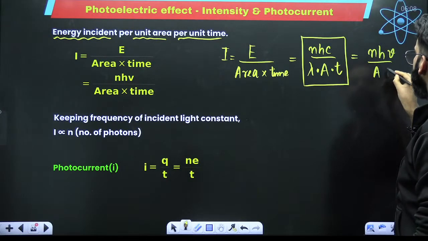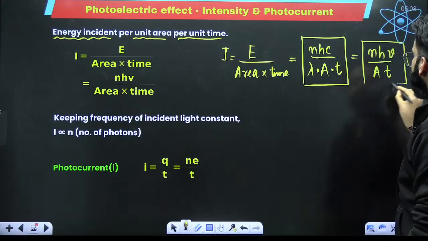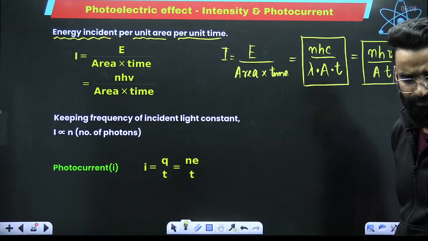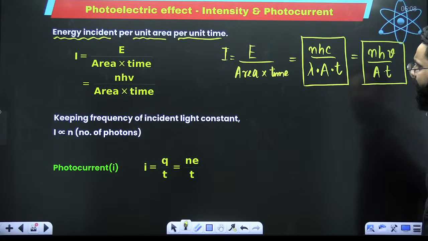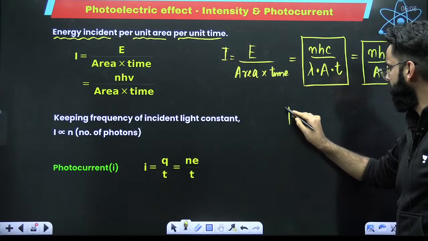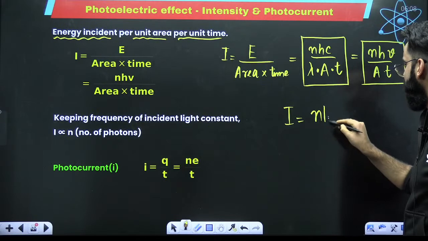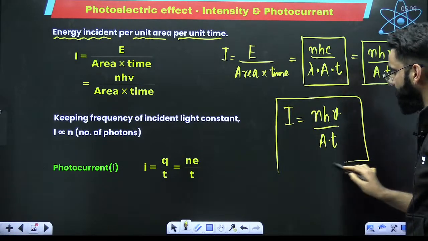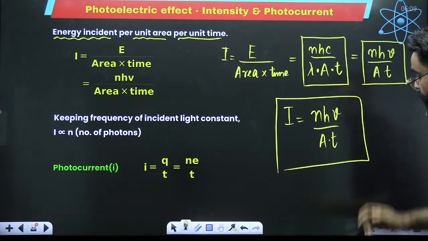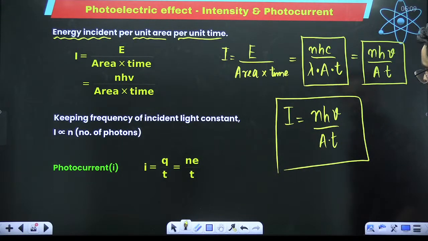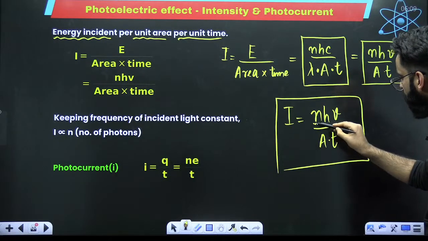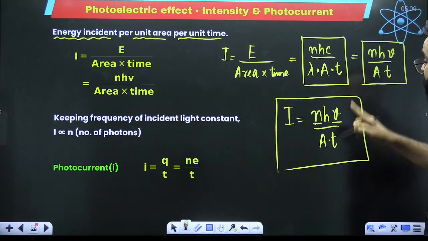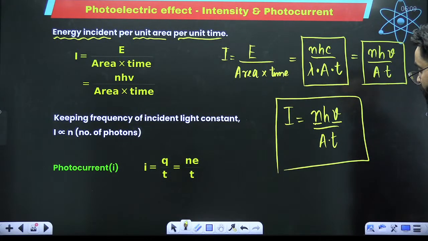This is A multiplied by t. So energy incident per unit area per unit time defines your intensity. So I, intensity, is equal to n h nu divided by A multiplied by t. Intensity of the source basically. This n represents the number of photons which the source sends. h is constant. Nu is the frequency of the light which the source sends.